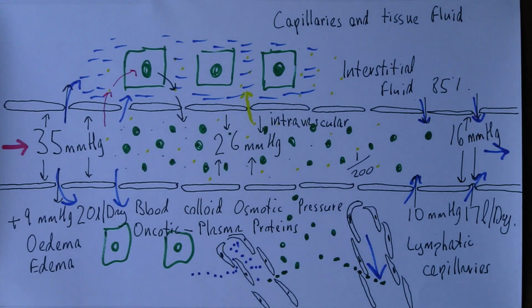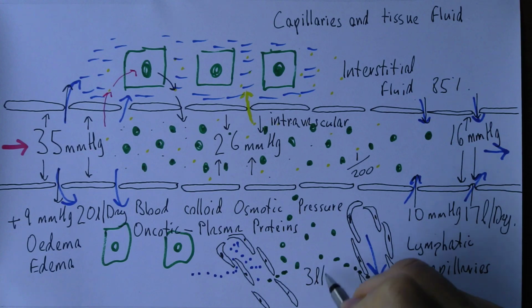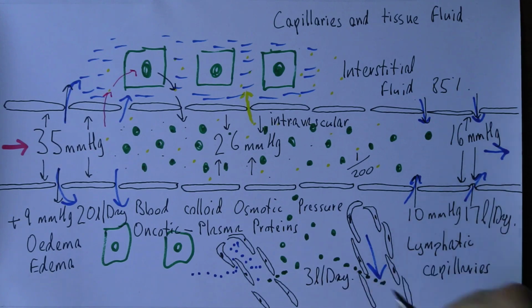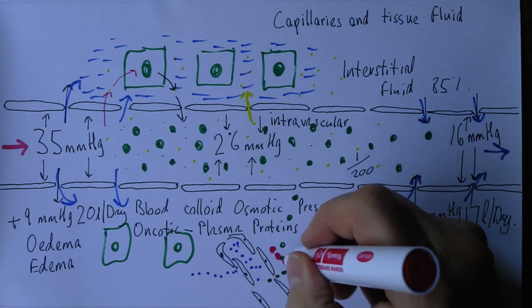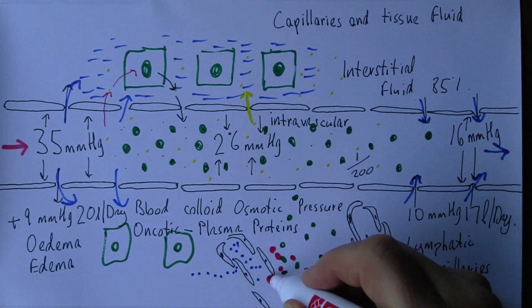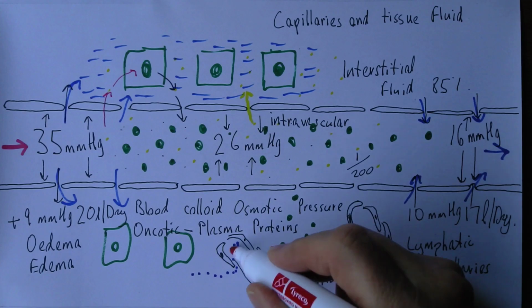And probably 2 to 3 litres a day. So we've said 17 are reabsorbed back in. That would mean about 3 litres a day is drained via the lymphatic system. So this is absolutely vital interstitial fluid. Actually, sometimes as well, of course, you could get bacteria in the tissues, and they're also taken away by the lymphatic system.